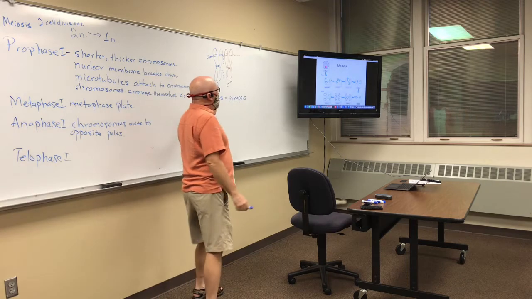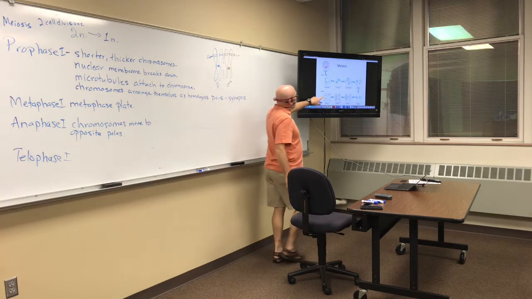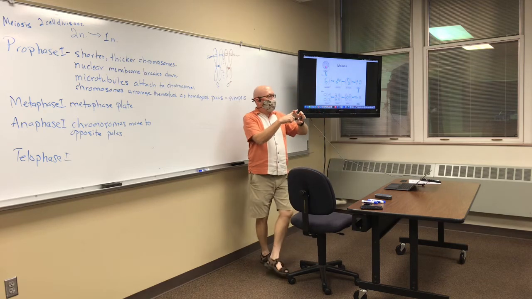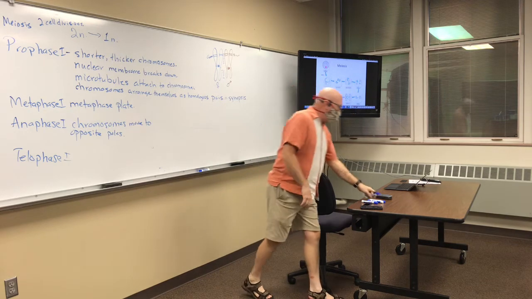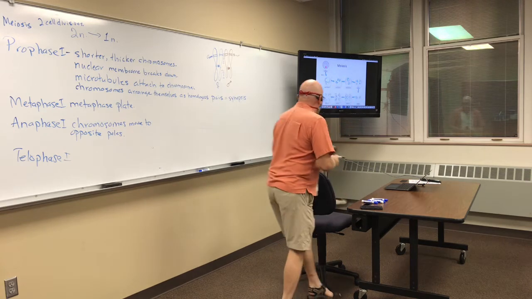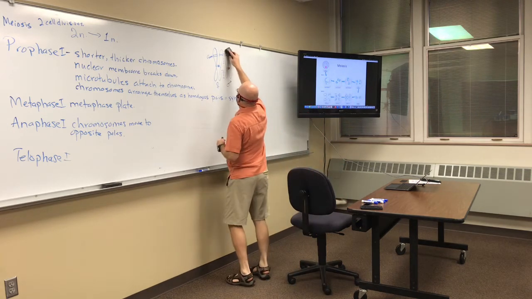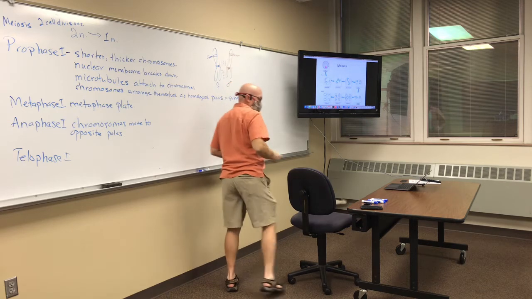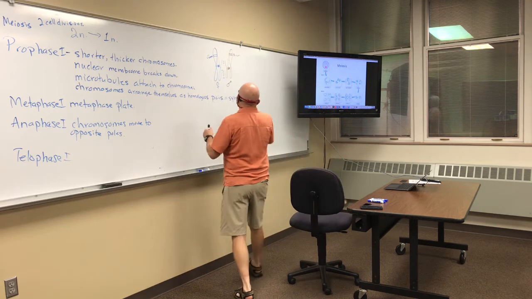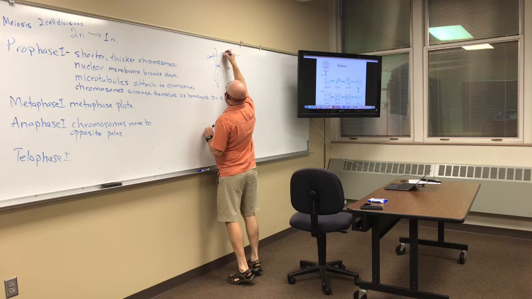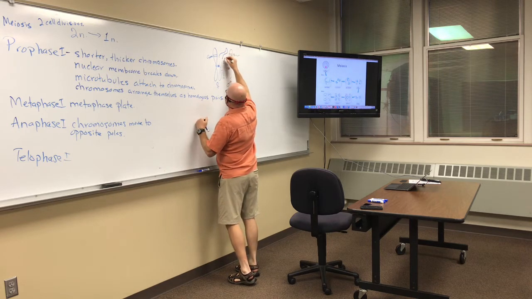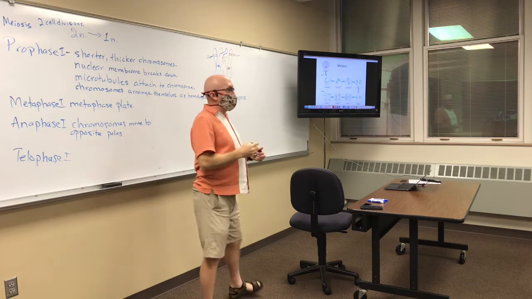Well, what is weird is you see that in this figure, they've illustrated these chromosomes crossing each other. And what can happen in synapsis is that these ends of the chromosome can get tangled up when they get bonded together. And when they become tangled up, they can break and become reattached.